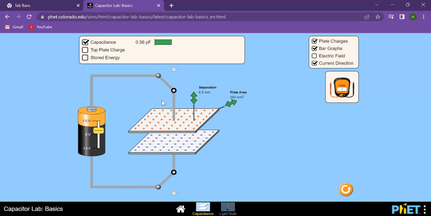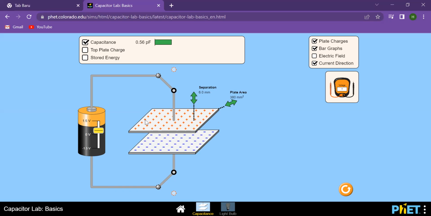Or we may say that the area of both plates is directly proportional to the capacitance of the capacitor.